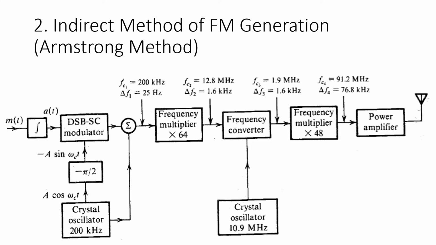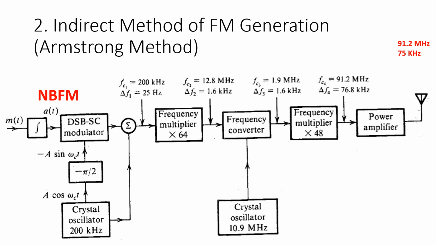The indirect method of FM generation can be demonstrated with the help of an example. Now in this diagram we have to generate wideband FM. So first narrowband FM is generated with a carrier frequency of 200 kHz and deviation of 25 Hz.